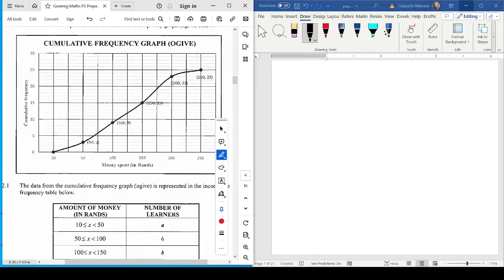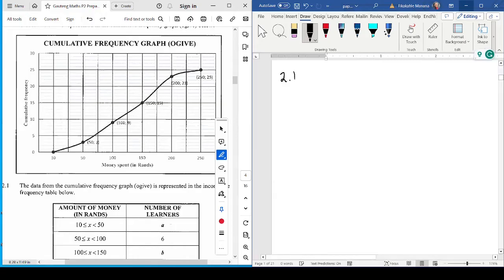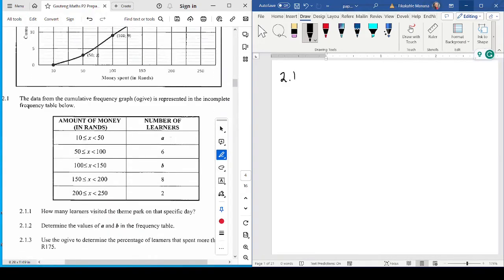It says 25. So what does that mean? It means our first answer is 25. This was question 2.1.1. So it's 25 learners.